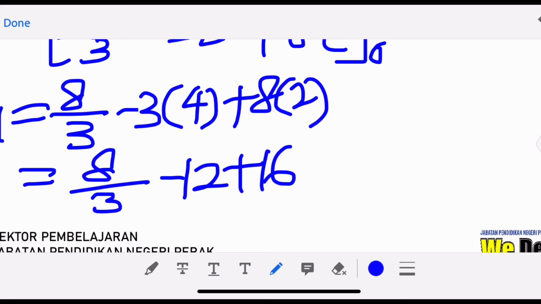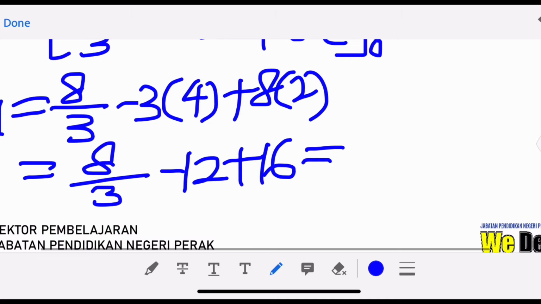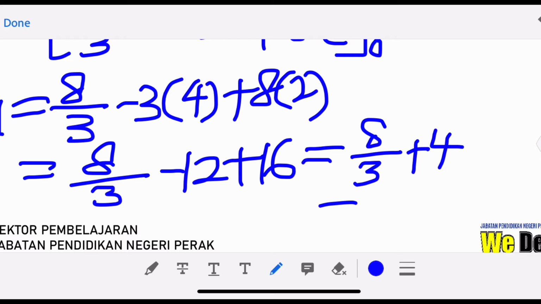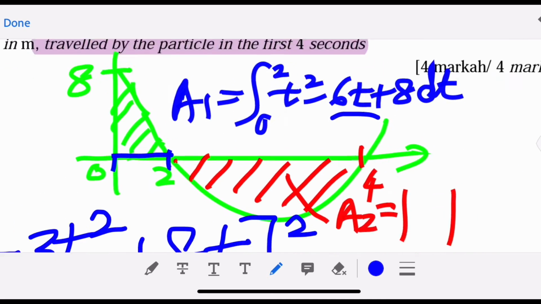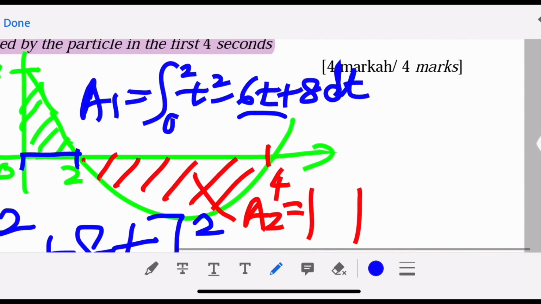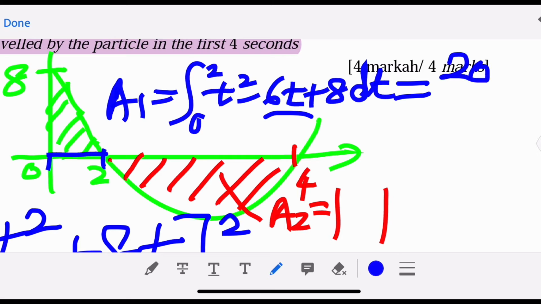So we have A1 is 8 over 3 plus 4, right? So it will be 20 over 3 meters. So this area, area means distance, is 20 over 3 meters, a positive value for area 1.